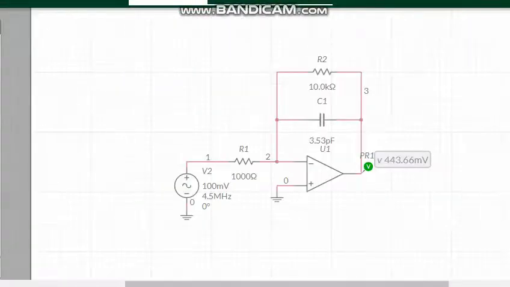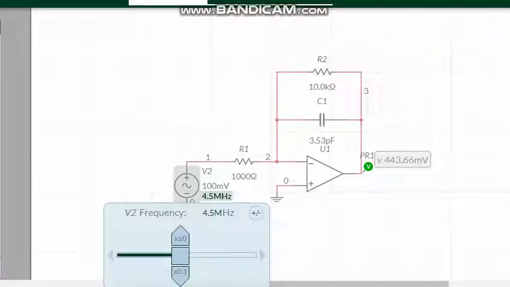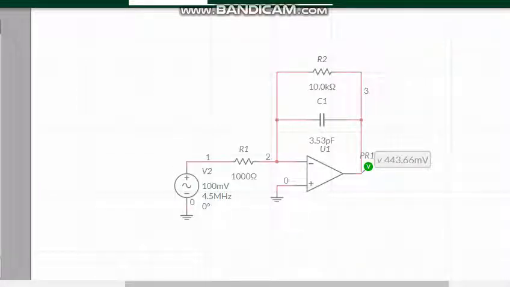Now getting onto the schematic portion, you can also take the value from here, but it should be the peak to peak value. We have taken 4.5 megahertz as a reference frequency, that is FR, the resonance frequency, which means the center frequency. If we want to draw the output versus frequency curve, we have to take some other things too.